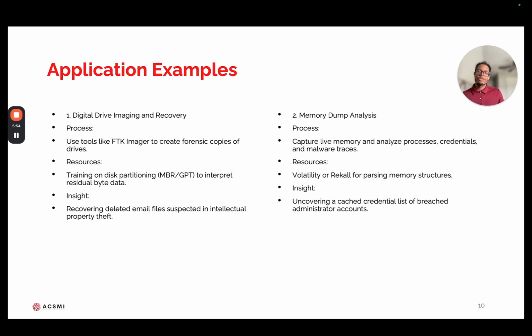We want to use resources like Volatility or Recall for parsing out the memory structure, and then uncovering, again, some form of data, some information that could give us a little bit more insight as to what actually happened. And in our case, for an example, is going to be a cached credential list of breached administrator accounts. Well, that's very useful because that shows that, wow, someone was actually using this.